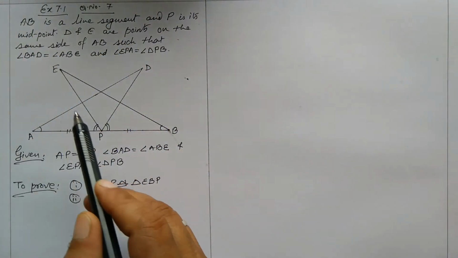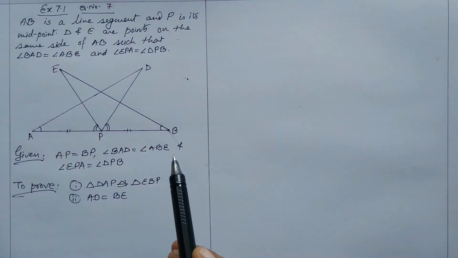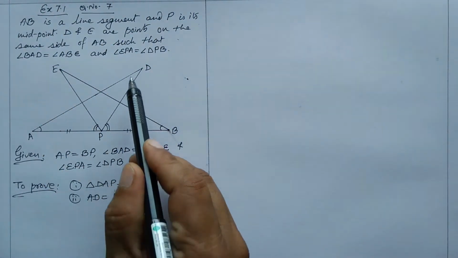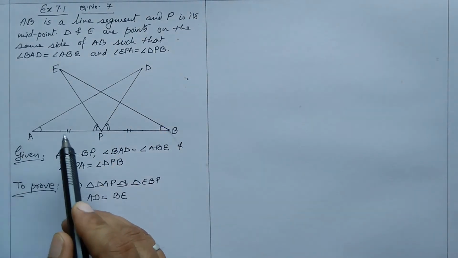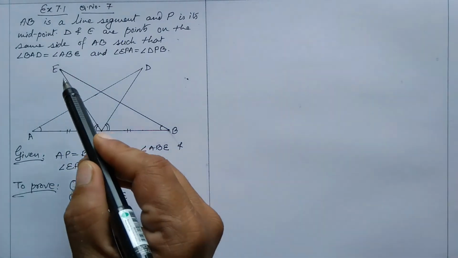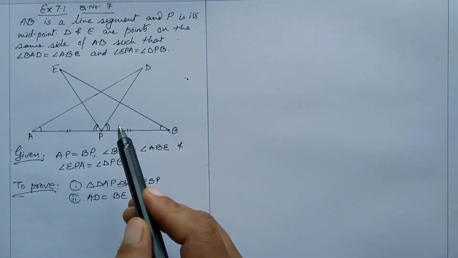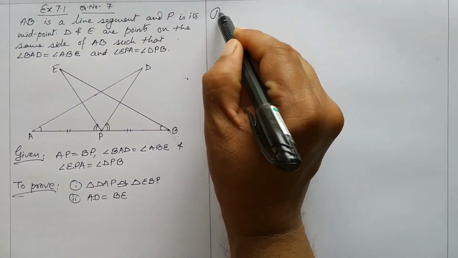One more pair of identical angles: angle EPA and DPB, double markings are there. Your target is to prove triangle DAP is congruent to EBP, and then prove that AD is equal to BE. Let us see the proof of this.